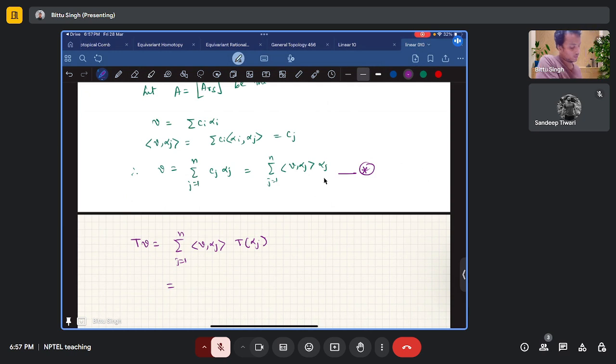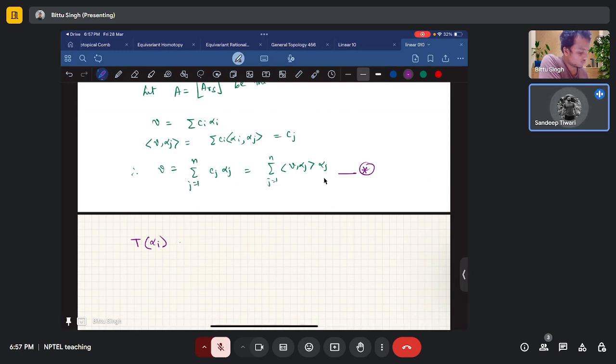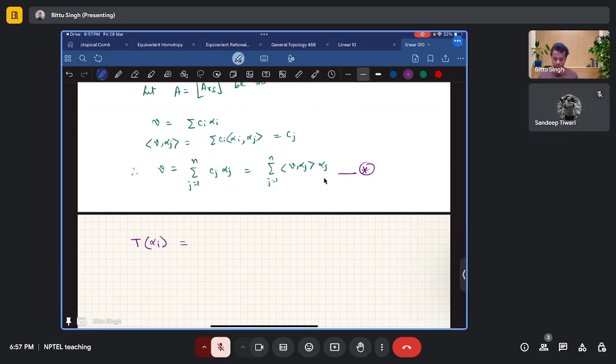Maybe instead of writing TV, we can start with an easier thing. Instead of TV, let us write T alpha. For matrix representation, we need the image of basis elements. Yes, it is enough to start with the image of a basis element to write the matrix representation.